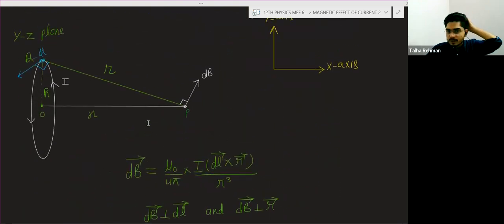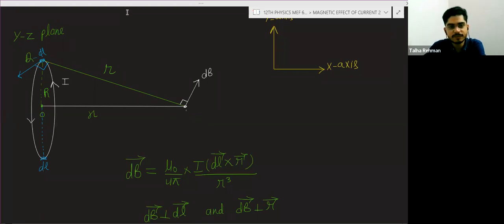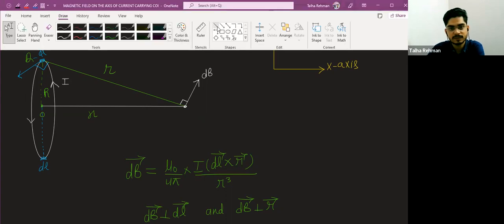But what will happen here now? There will be an element which is diametrically opposite to this. Here, the same small element dl will be here, and due to this same element there will be a magnetic field at this point P, and this magnetic field will also be like this. It's from the symmetry.